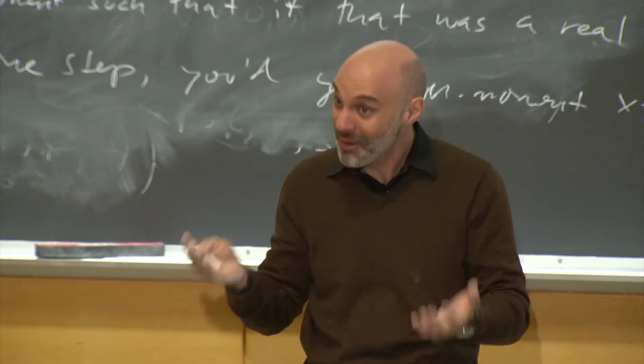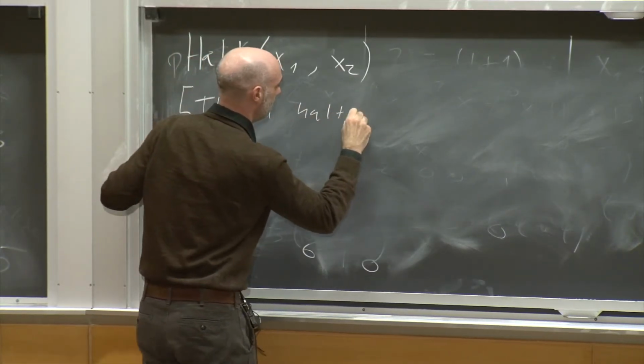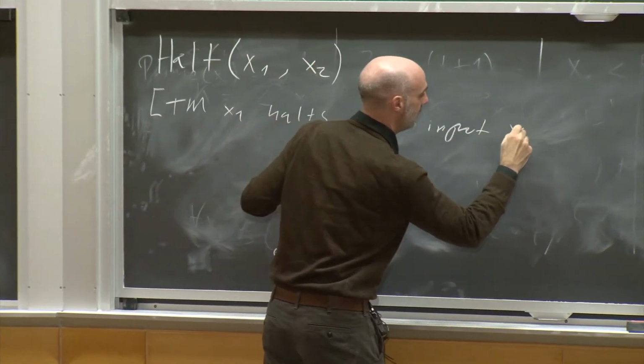And now I'm going to say it one more time. So what that says is Turing machine x1 halts given input x2.